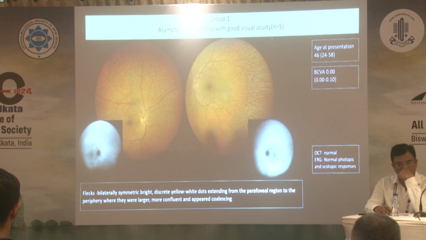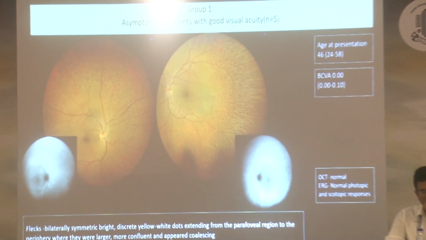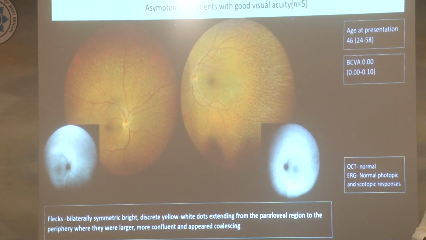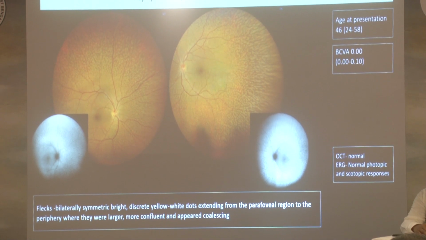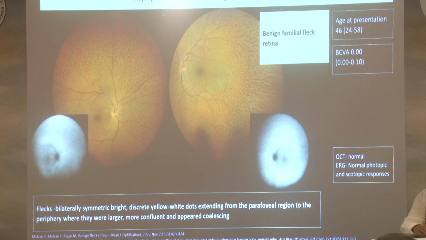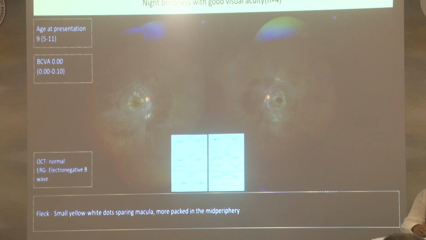So in group 1, the flecks were bilaterally symmetrical, and they were yellow-white lesions extending from the parafoveal region up to the periphery, where they were actually more confluent and appeared to be coalescing. So this was consistent with the diagnosis of benign fleck retinopathy. In group 2, there were actually 2 patterns. The first one had an electronegative B wave on ERG.